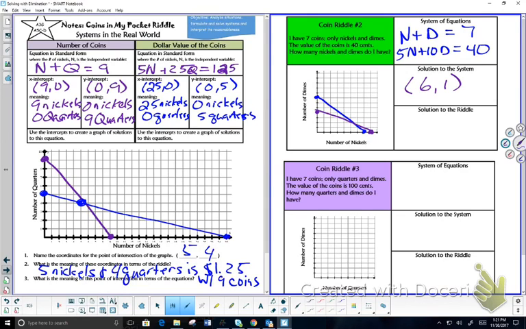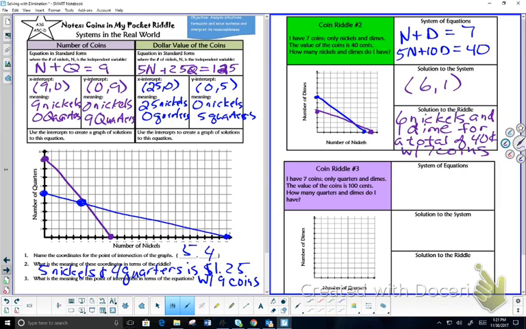I got 6 nickels and 1 dime, for a total of 40 cents, using 7 coins. Okay? Last riddle.